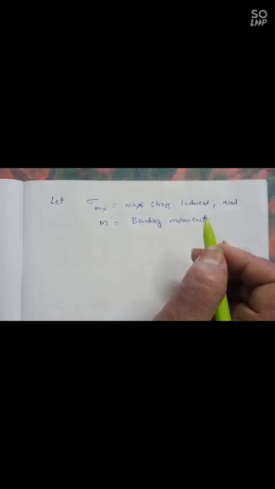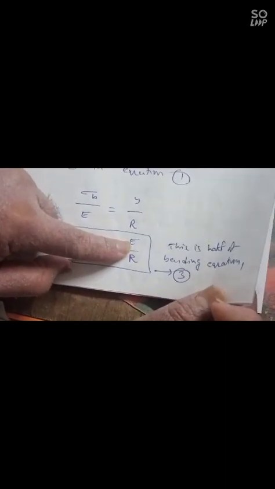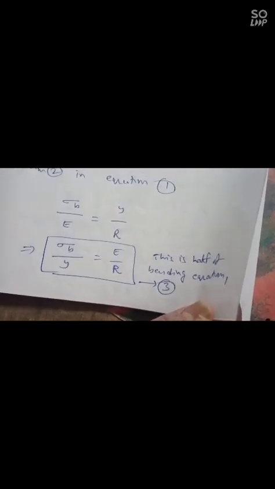Okay, so using the previous formula, sigma b by y is equal to E by R, where sigma is the stress.